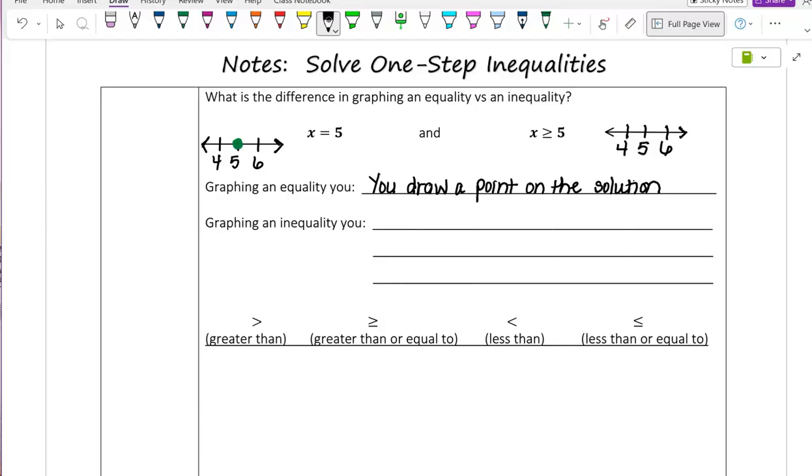You have to decide open circle or closed circle. Then you have to decide which direction to shade.